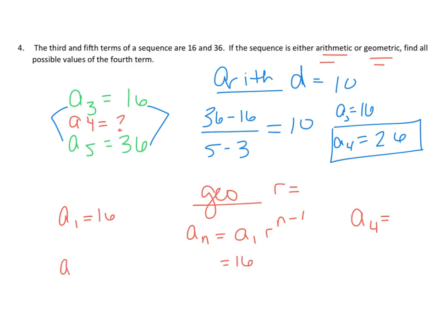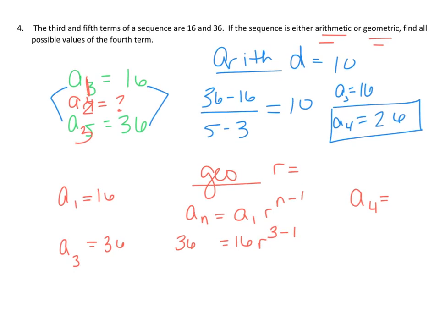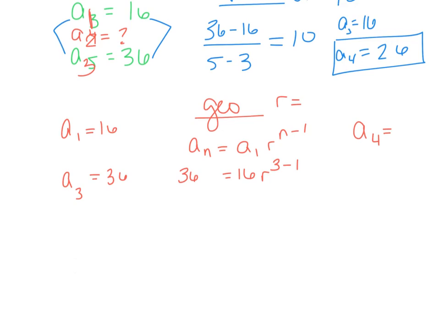And then because I have 36, I'm going to pretend like that's A3. It's going to work because if this is 1 and you went up to 3, that's how the placement of the sequence is. So I'm going to replace AN with 36, and I'm going to put in 3 for the n because I'm pretending that 36 is A3.